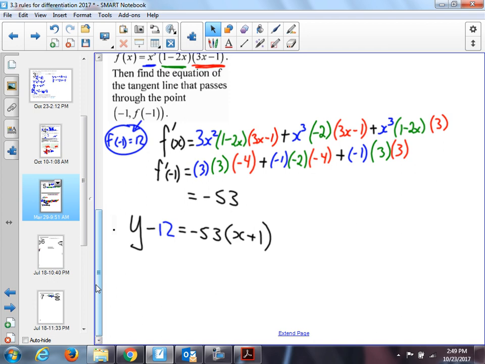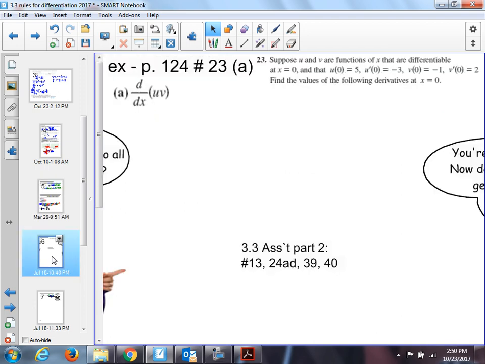I don't have a heck of a lot today to add in. We'll try this. I said to try this with me. Number 23. So, this is really abstract though. Suppose u and v are functions that are differentiable.